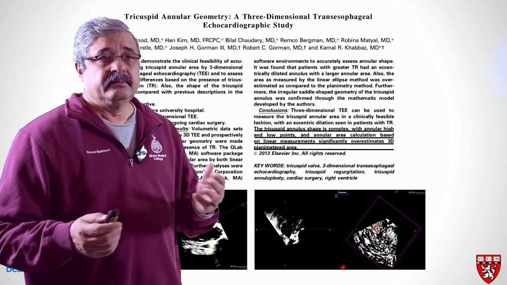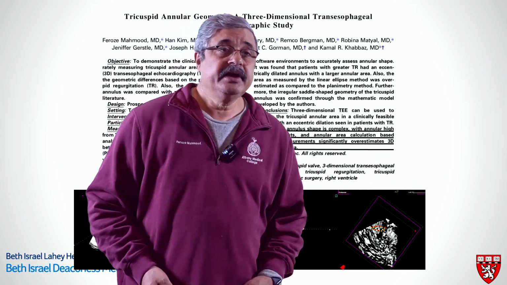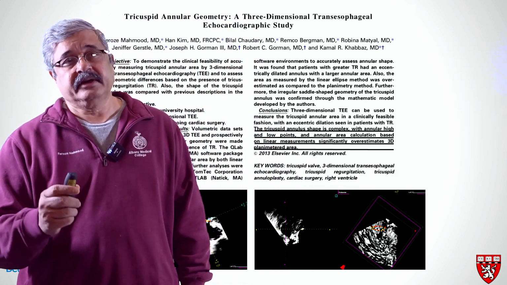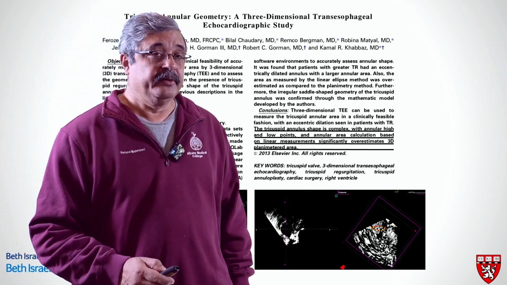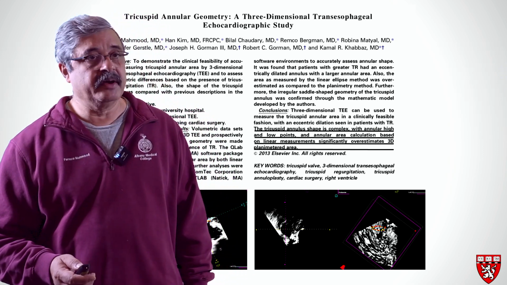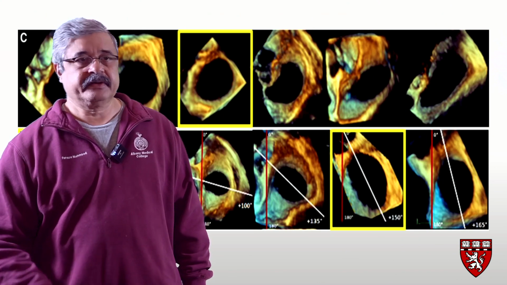So that was demonstrated, that you cannot use a single axis, just like the LVOT diameter, where we've been using a single axial diameter, assuming that it is a perfect circle, underestimating the true area of the LVOT. This was a similar case, where we were introducing a significant amount of error, assuming that this is a perfect circle.